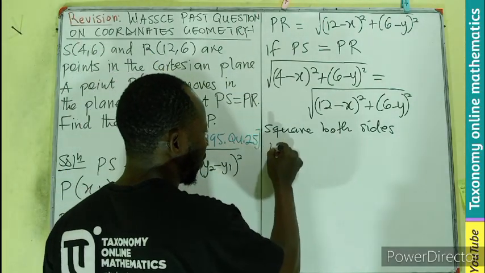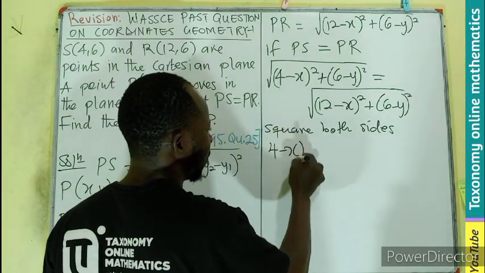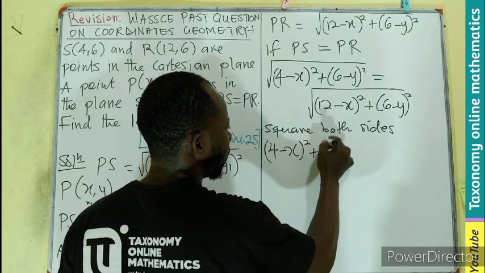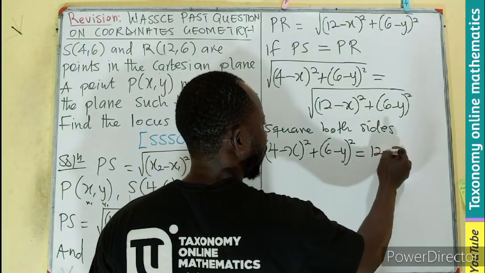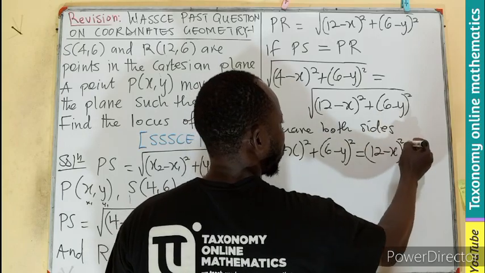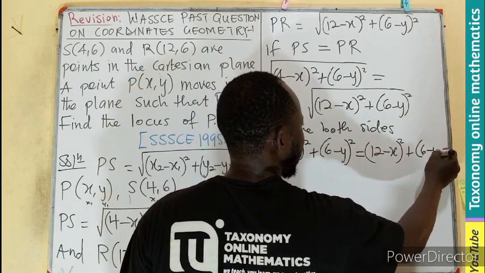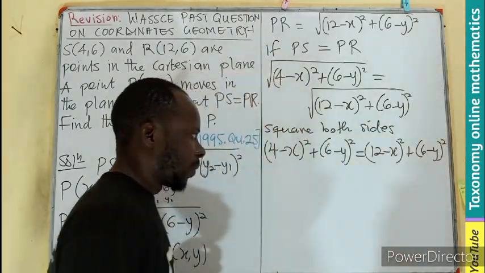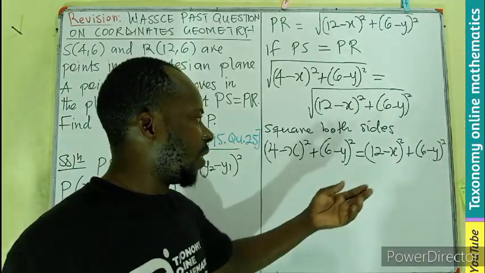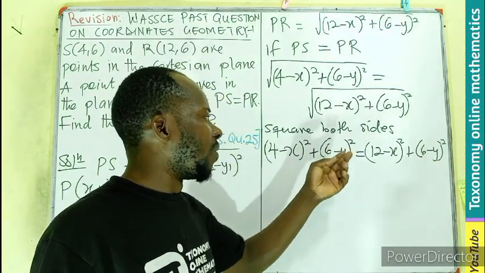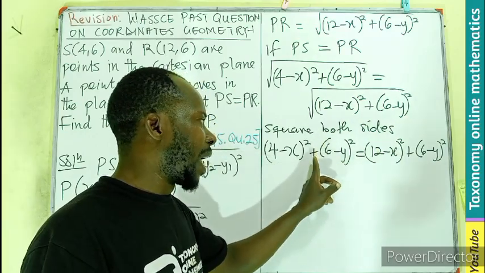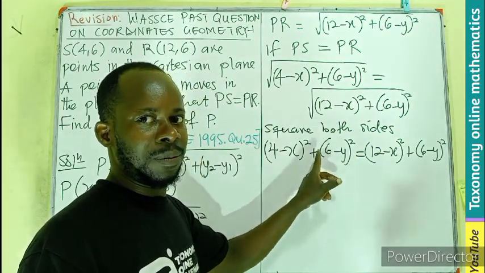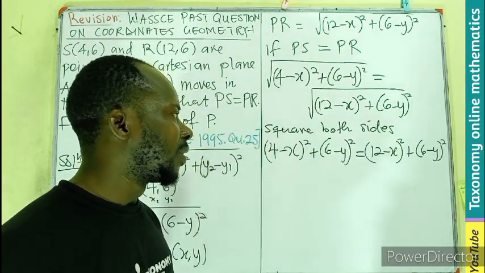You'll be left with only (4 minus x) all squared plus (6 minus y) all squared equals (12 minus x) all squared plus (6 minus y) all squared. Even if we want to group like terms, it will take care of this, but let's expand both sides.